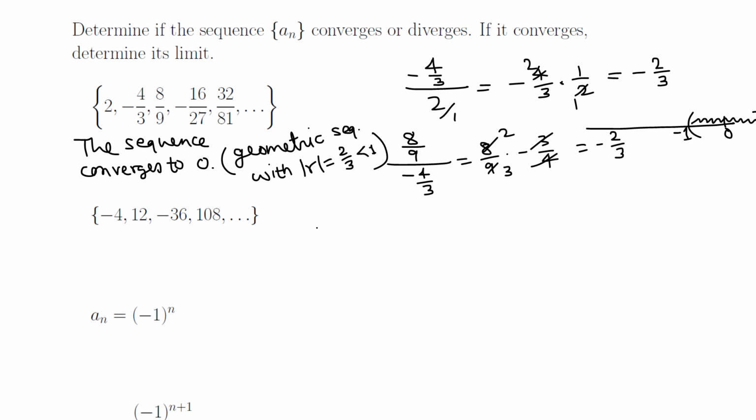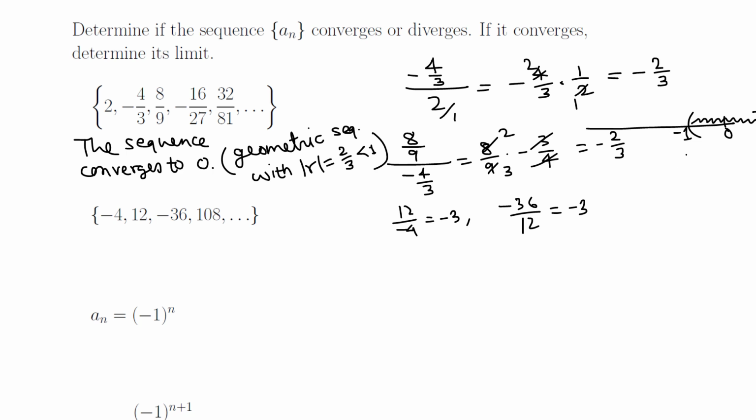Here, same idea, let's find the common ratio. Second divided by first, negative 3. Okay, I can't say common ratio until I find the same pattern. Third divided by second is also negative 3.